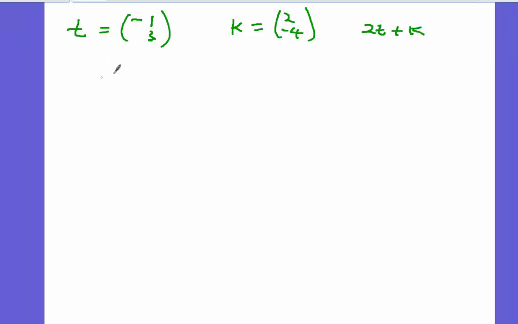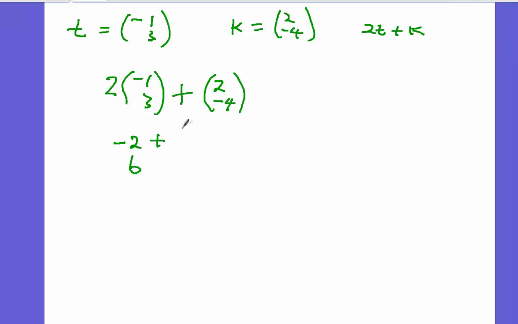So from this expression, 2t is going to be 2 bracket (-1, 3) plus k. The values of k are (2, -4). Let's remove this bracket. So 2 times -1 is -2. 2 times 3 is 6.